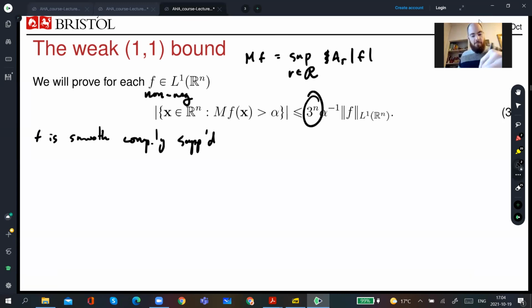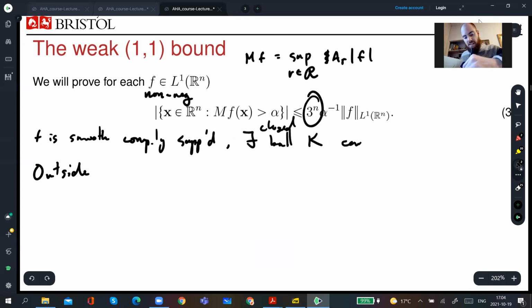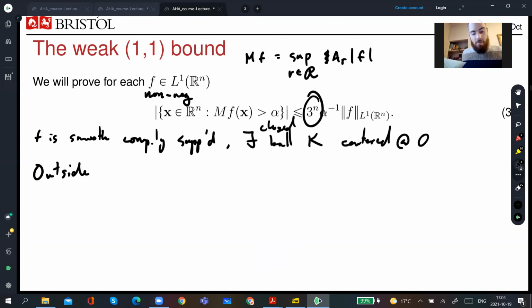Let's call that support K. So it's contained in a compact set K. There exists a ball K, closed and centered at the origin, that contains the support of f.